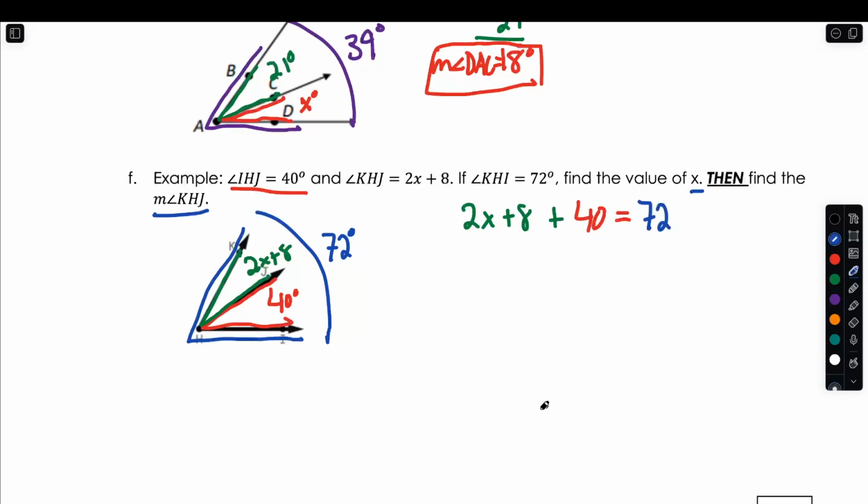And from there, it's a multi-step equation. So we combine our like terms first, 8 and 40. That's going to give us a nice 48. Nothing happens to the 2x, so that just stays as 2x plus 48 is equal to 72.